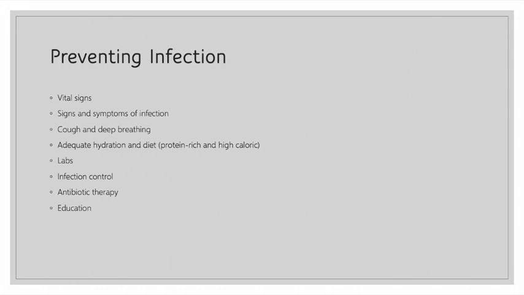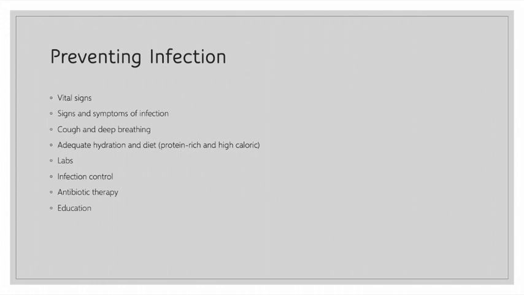More specific to a respiratory infection, we'll see things like a sore throat, runny nose or nasal congestion, headache, shortness of breath, and sinusitis. We're going to once again encourage that cough and deep breathing, as well as adequate hydration to once again thin those secretions to reduce the risk of infection.